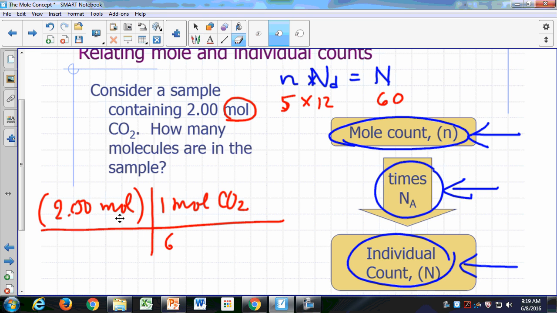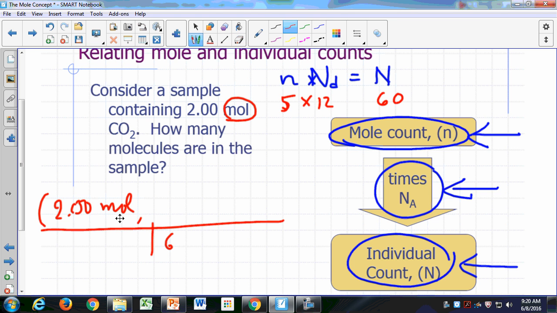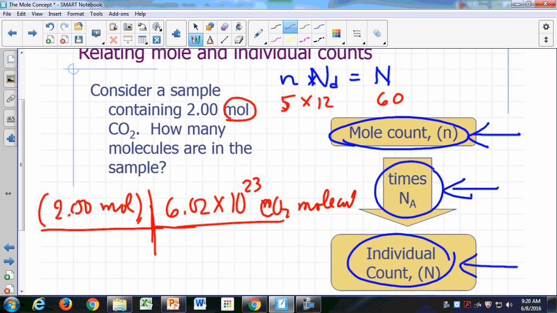Multiply by 6.022 times 10 to the 23rd, CO2 molecules in 1 mole of CO2 molecules. Okay?